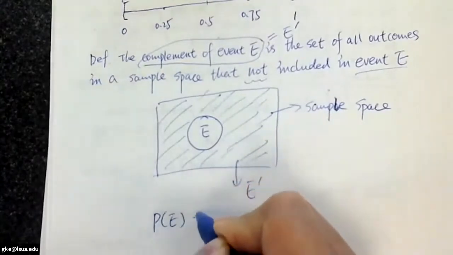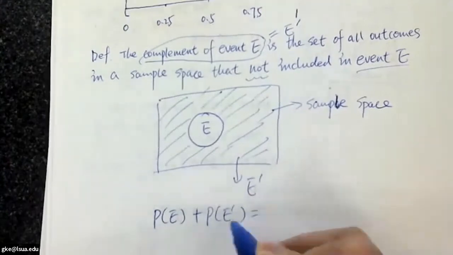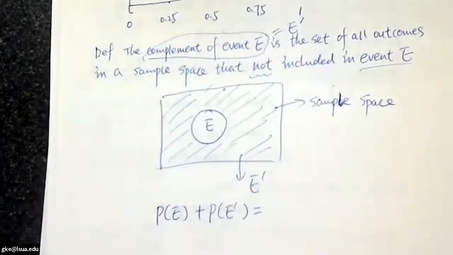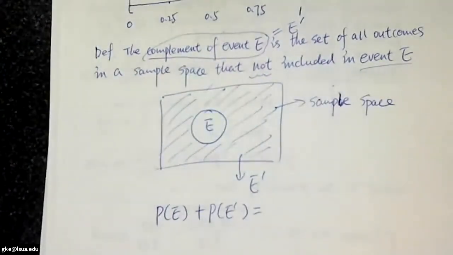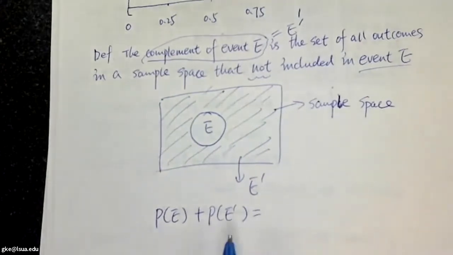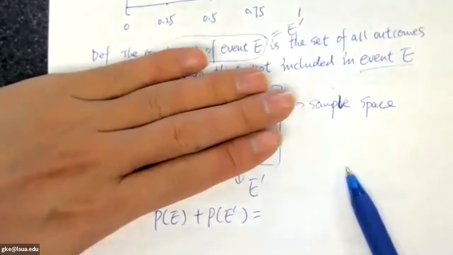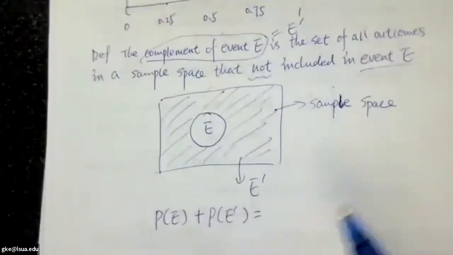P(E) plus P(E prime) equals what? Can you guess? The probability of E plus the probability of E prime equals the whole space, right? It's going to be 1.